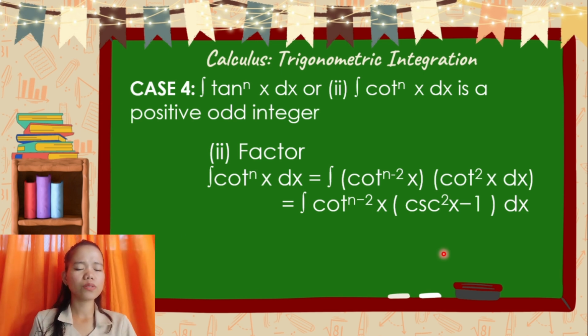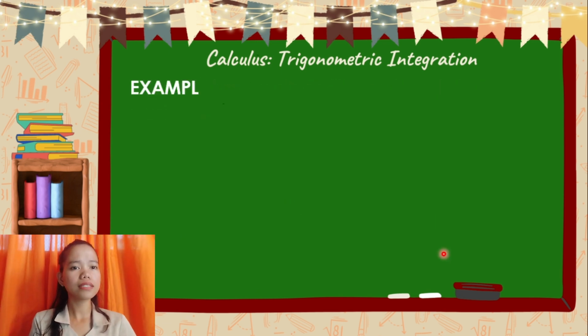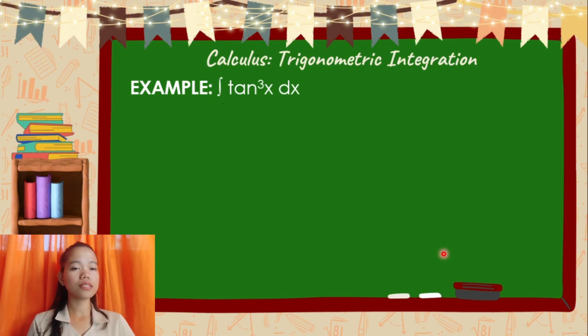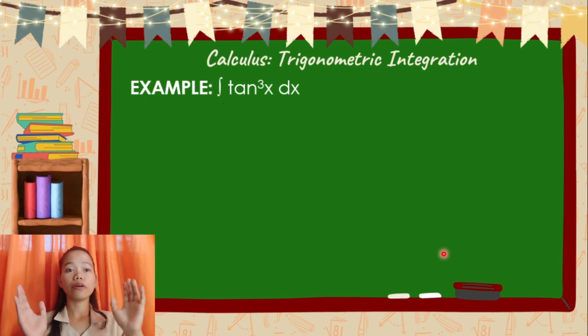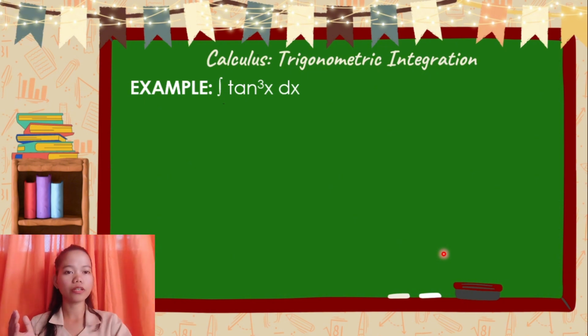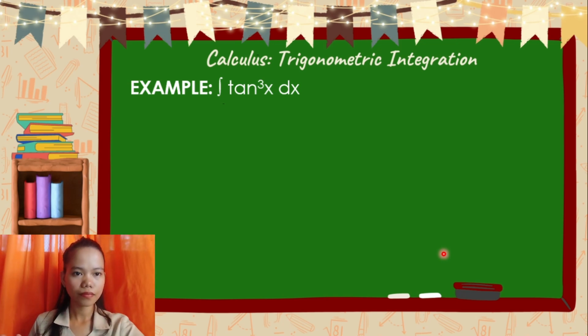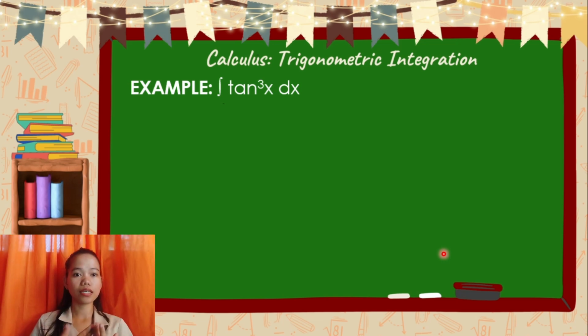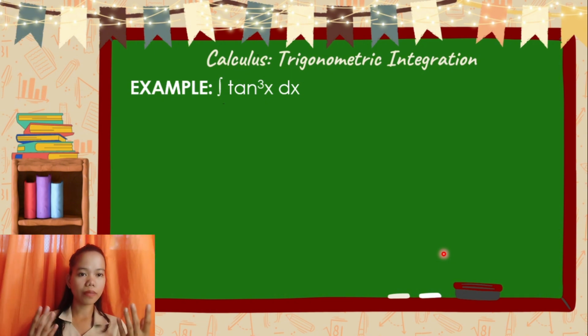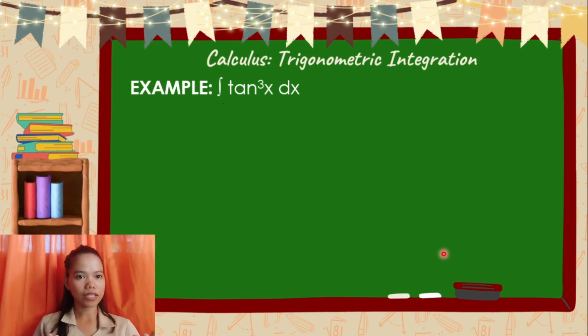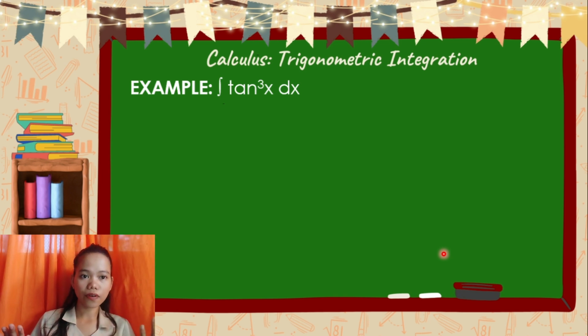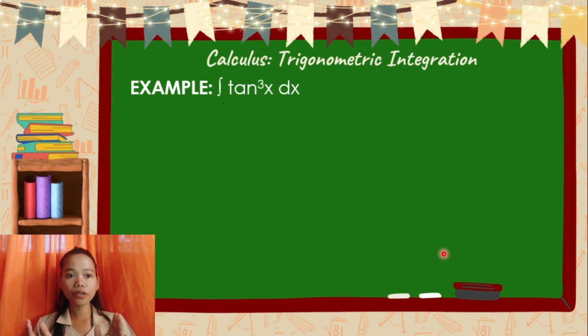The example for this one: what about the integral of tangent cubed x dx? As you can see, our trigonometric function is the tangent, and the exponent of our trigonometric function is a positive odd integer. So it does satisfy case number 4.